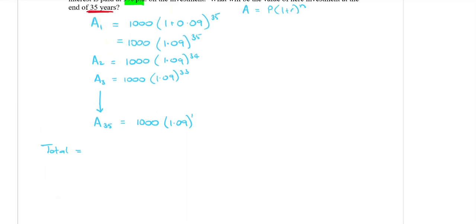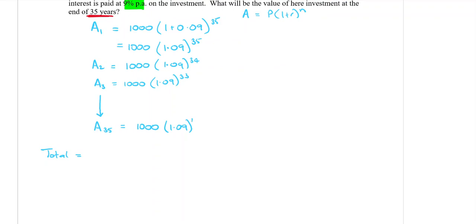Now, the thing is, knowing this is going to be a series, if I go this way, my powers are getting smaller, which can be done, but it's not as nice. So what we tend to do is when we add them together, we start with the smaller one and we go up and make them bigger because the series is much nicer that way. So we start with the 1,000 times 1.09.